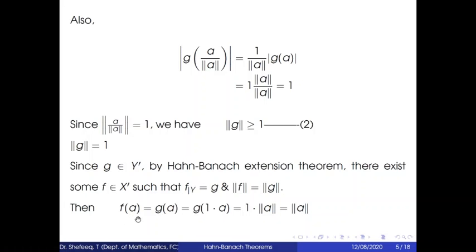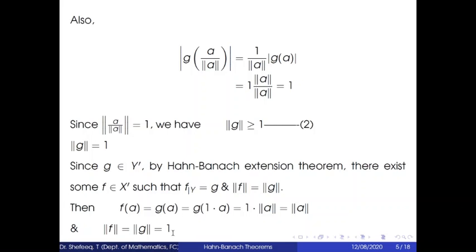So we have f of a equal to norm a, and also by this condition norm f equals norm g, and norm g equals 1. So norm f equals norm g, which is also equal to 1. So we have shown that there is some f belongs to x dash such that f of a equals norm a and norm f equals 1.